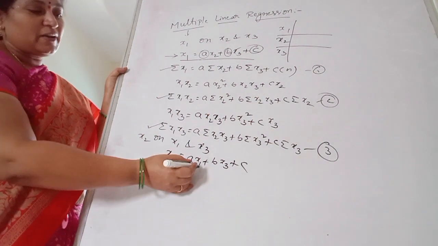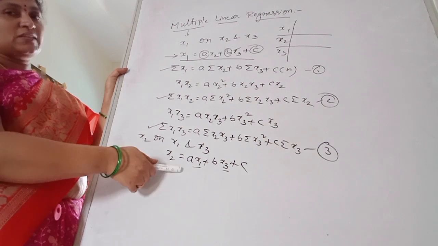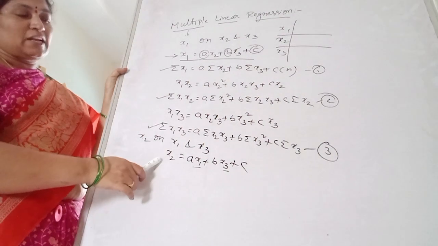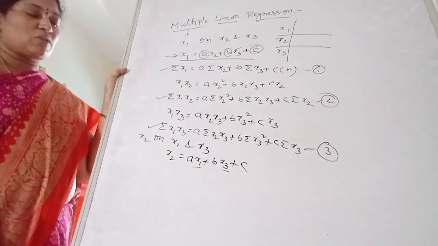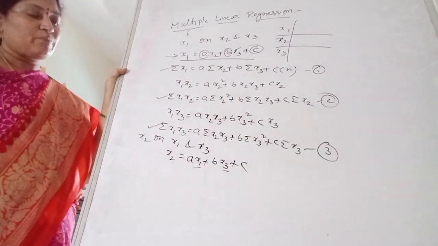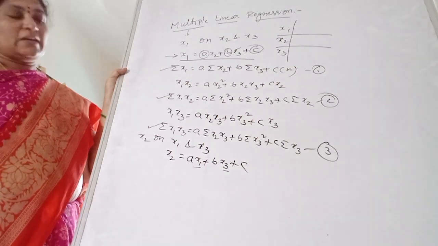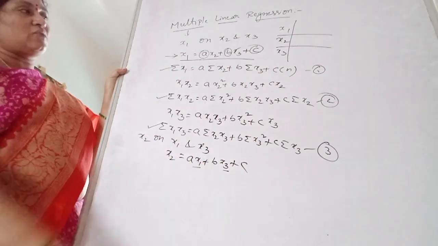That means here independent variables are x1, x3. First we multiply with x1 on both sides and taking summation. That is one of the normal equations. And next multiplying x3 on both sides and then taking the summation on both sides, we get another normal equation. Those three normal equations we have to solve for getting the values of a, b, c. Substitute this a, b, c values here.